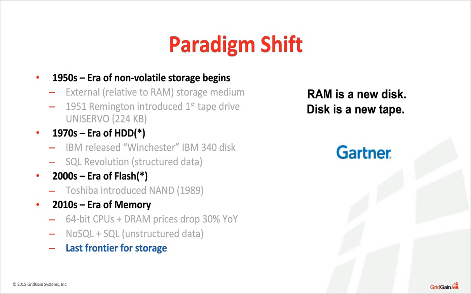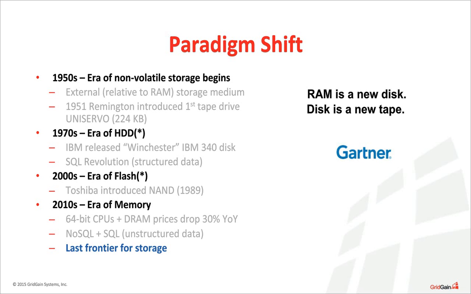That's where we first got the ability to store data outside the computer, so that when it is powered down, data is not lost. In the 60s, hard drives came around, and in the 70s, IBM released the famous Winchester, System 340, and the era of hard disks started, and they became very economical.